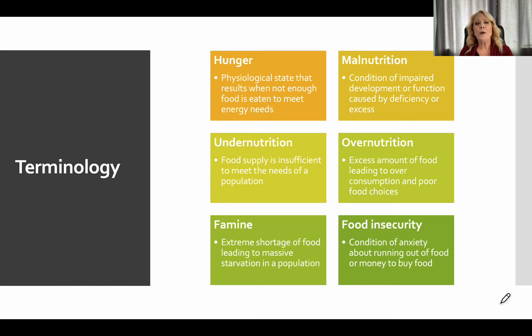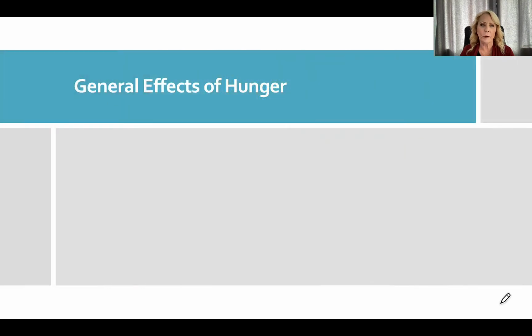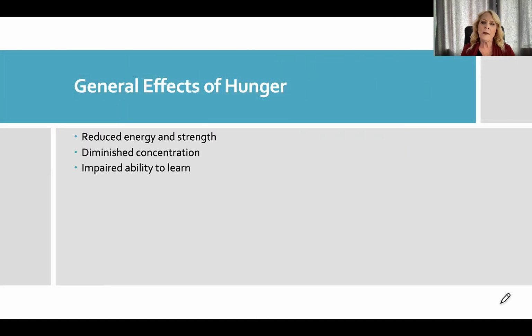And then food insecurity. And then, of course, we'll talk about food security. But food insecurity is a condition of anxiety about running out of food or money even to be able to buy that food.